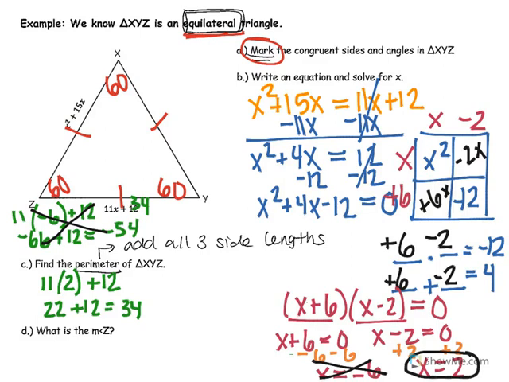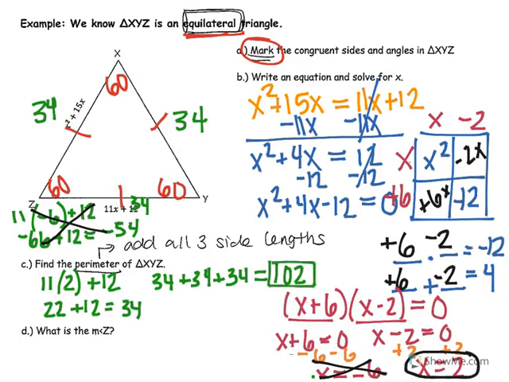So it's an equilateral triangle. If one side is 34, well, all the sides are equal. That means all the sides are 34. And to find the perimeter, I can do 34 times 3, or you could do 34 plus 34 plus 34. And I believe that all added together is 102. So there is my perimeter.